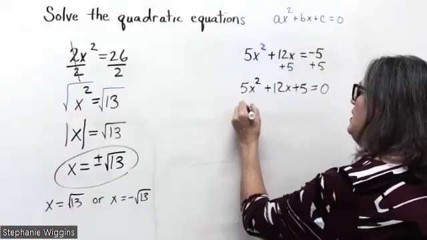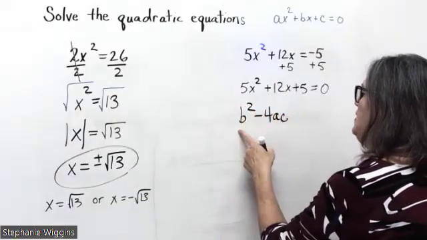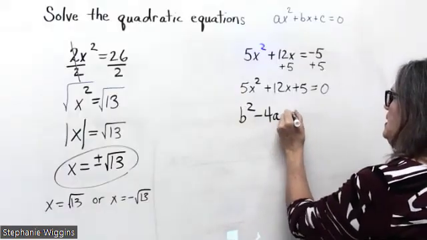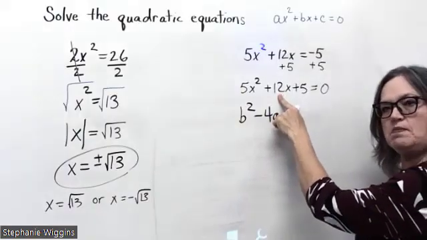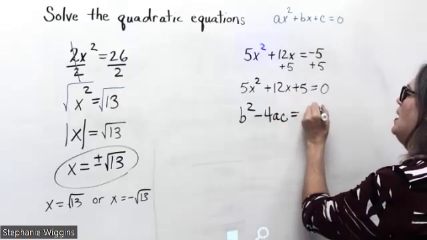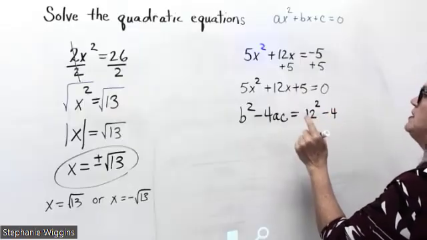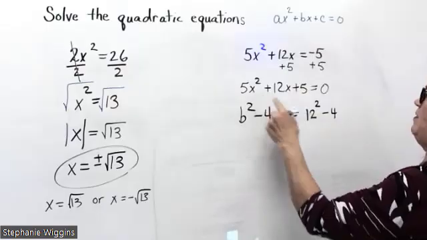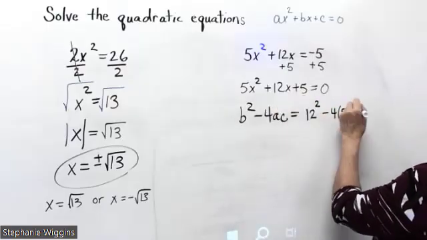So using the discriminant, that is going to tell me if I have solutions or not. So b squared minus 4ac is equal to, well, b is the coefficient on the middle term. So b equals 12. And then I'm going to square that. And then I'm going to subtract 4 times a, which is 5, and then times c, which is also 5.